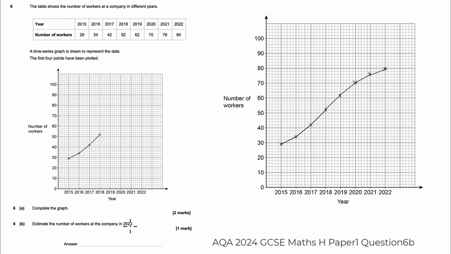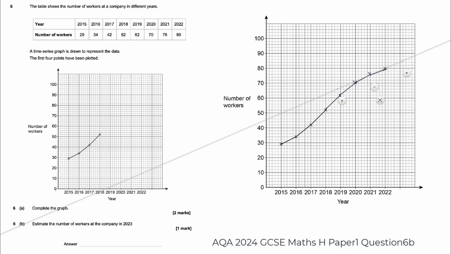It says estimate the number of workers at the company in 2023. So the workers are increasing faster here, they're increasing less up here. So I would probably use the latest trend as a good estimate. Let's increase it ever so slightly.